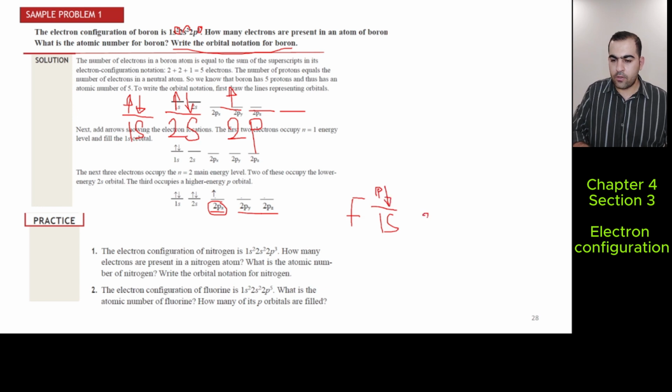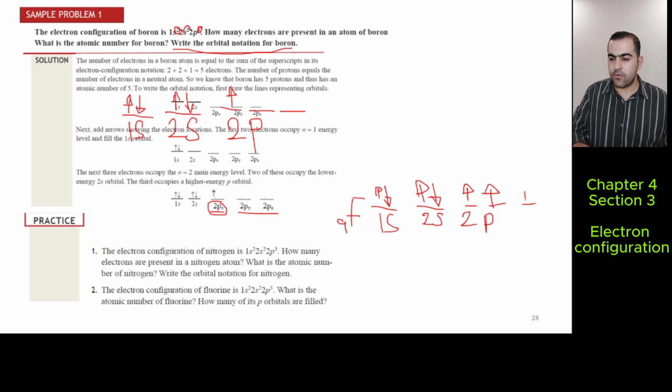Then 2s, 2s2. Look, s is filled. We move to 2p. So 1, 2, 3. Fluorine's atomic number is 9. So I use Hund's rule: each orbital gets one electron first.